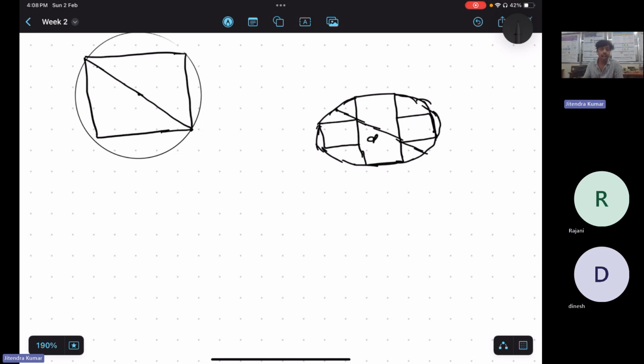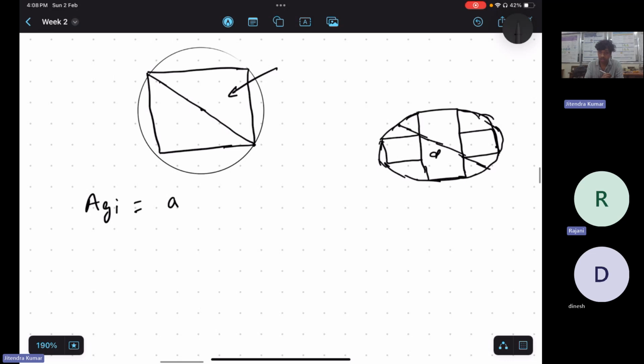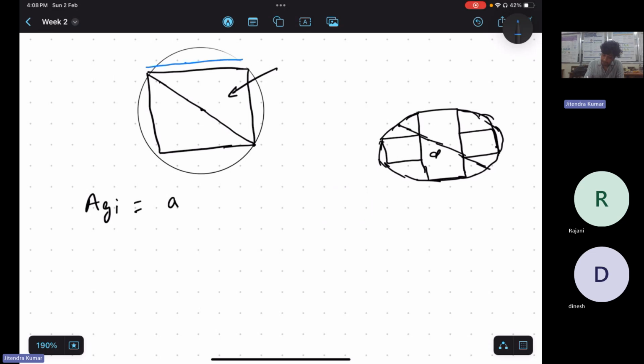First let us calculate this for a rectangular core. The gross area of your core is nothing but, if the side of the square is given by A, then how much is the gross area?